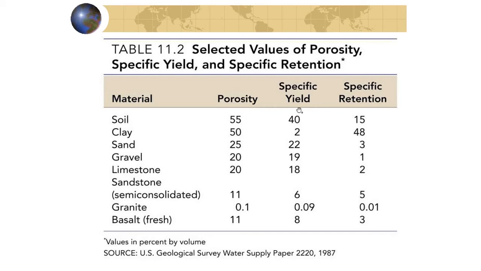Clay has a very low specific yield but a high specific retention. That is why we call clay an aquiclude. It can hold water but will not transmit it. That is why we say specific retention is more and specific yield is very little. 48 plus 2 is 50. Like that, it holds for all the materials.